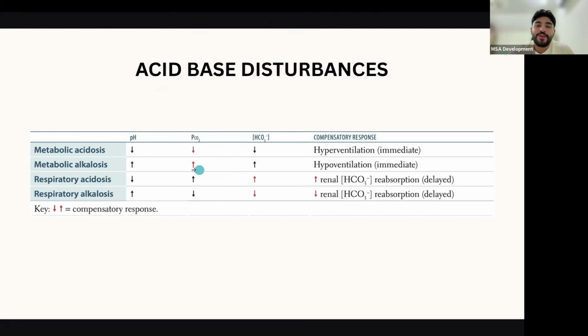Your levels of CO2 to compensate for the metabolic alkalosis are going to be high. So you're going to have hypoventilation. And one other thing I'd love to appreciate in metabolic acid-base disturbances is that all the arrows point toward the same direction. Just makes it easy for you, just in case you get these hectic arrow questions, all right?